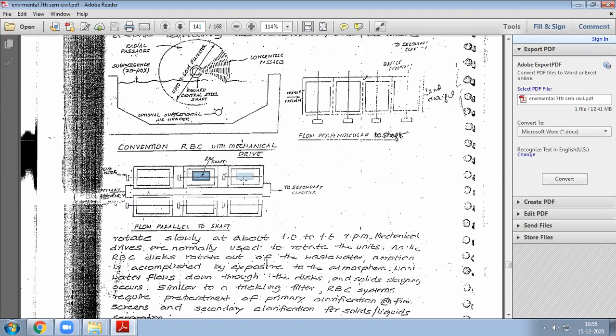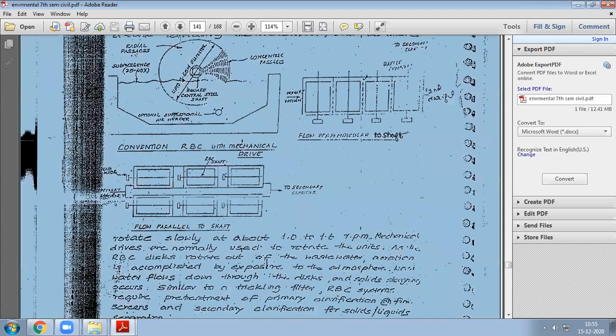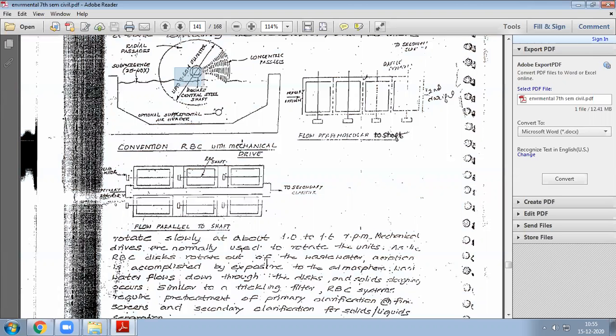These are tanks, and you're seeing part of it is rotating. In this, the shafts are rotating. They will induce oxygen into the wastewater, right? In this way the microbes can grow, and they will convert all that waste into a simple form.